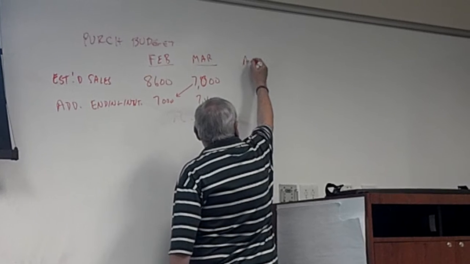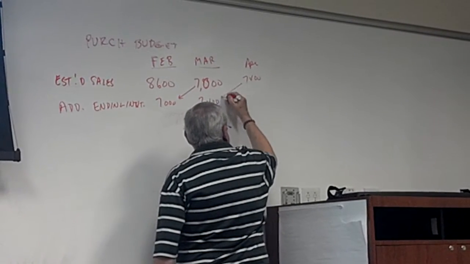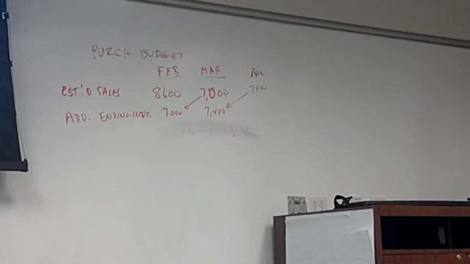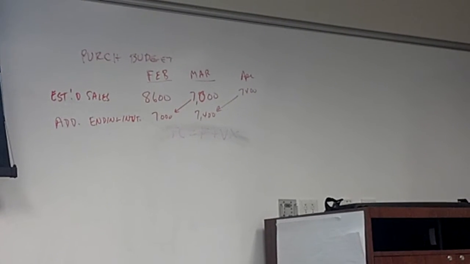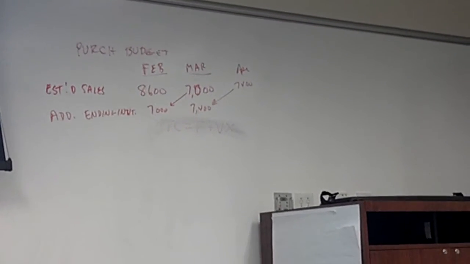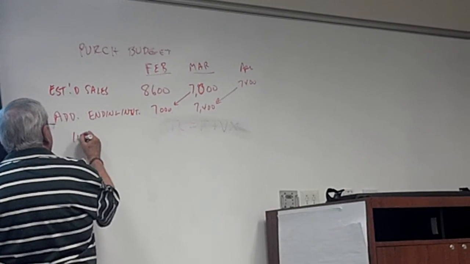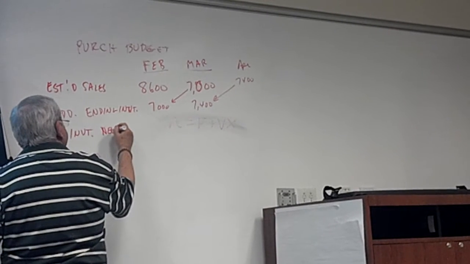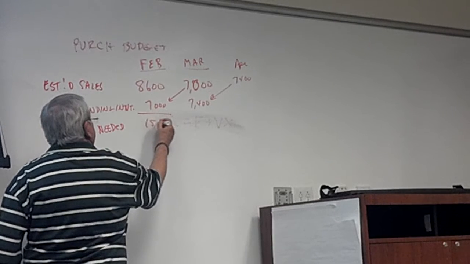So that's April sales, 7,400. Something like that. Okay, so that's how much inventory needed is 15,600.